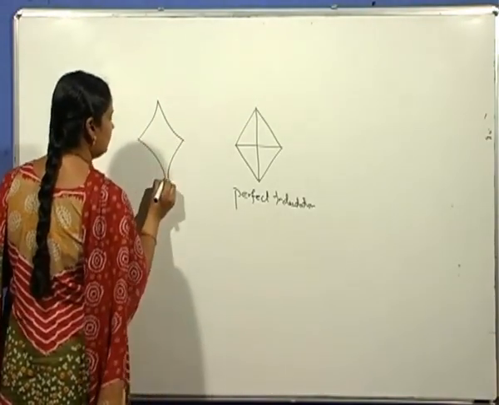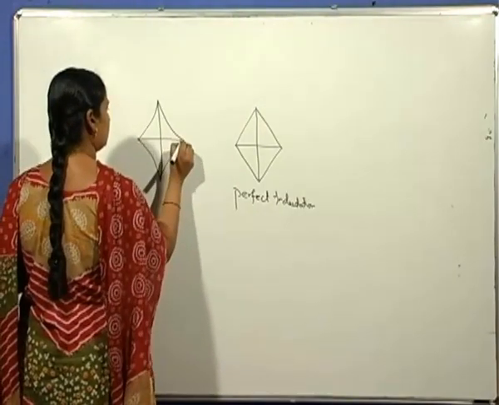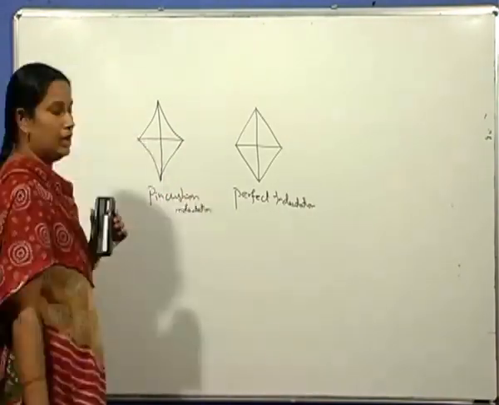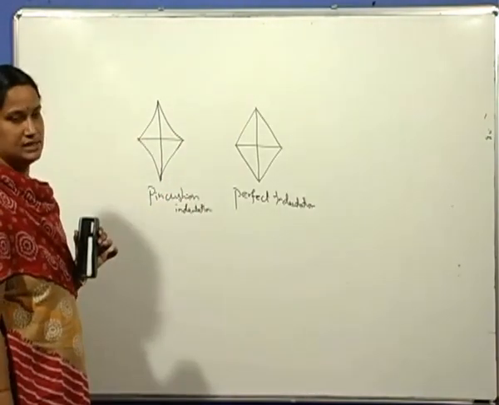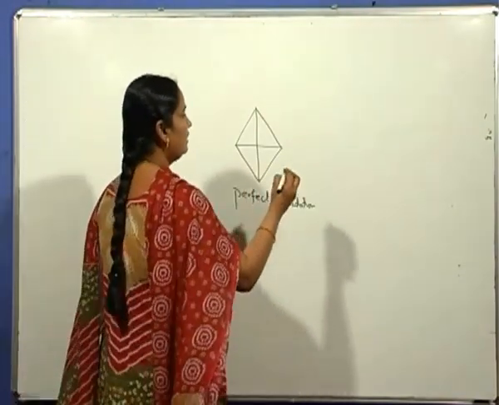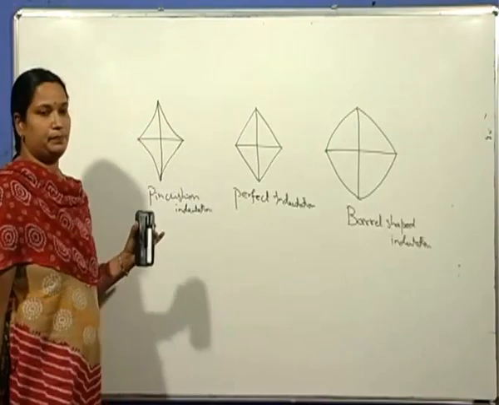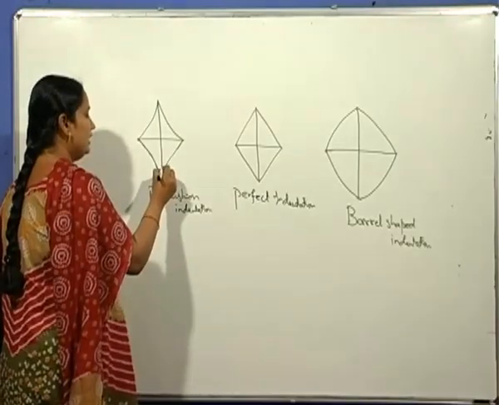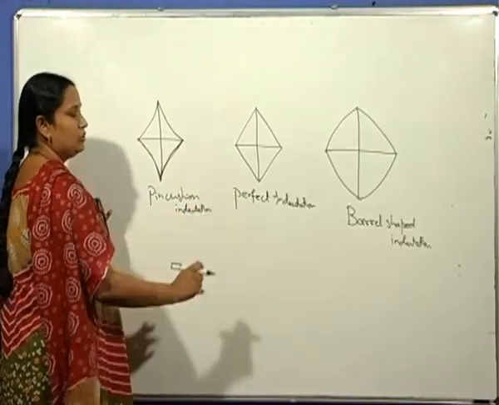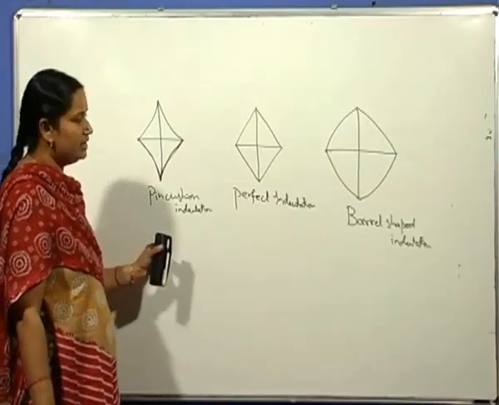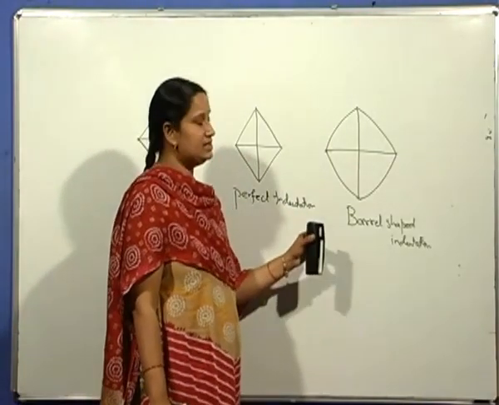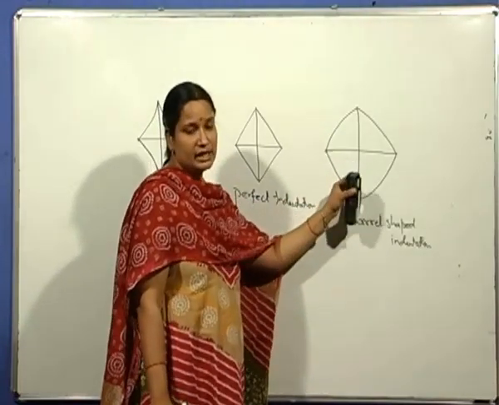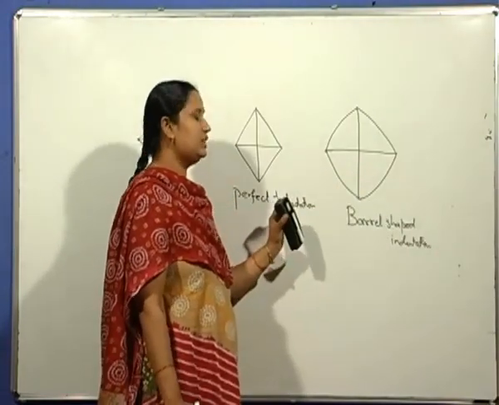This is an example of a pincushion type of indentation obtained in the Vickers hardness test, and a barrel shaped indentation. In the pincushion shaped indentation, sinking of the material occurs and leads to a decrease in surface area when compared to the perfect indentation. Whereas in the barrel shaped indentation, there is a piling up of the material and it leads to an increased surface area when compared to perfect indentations.